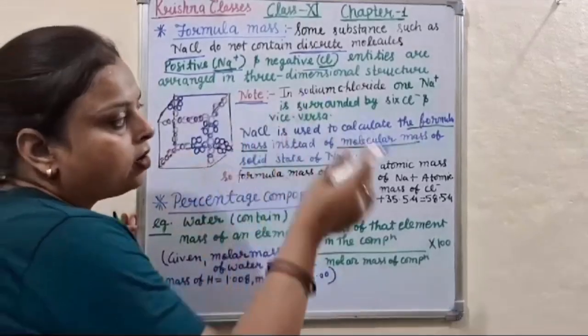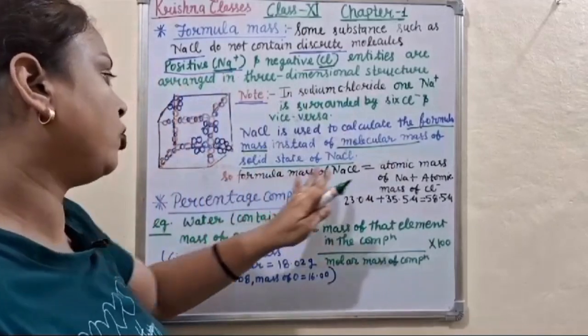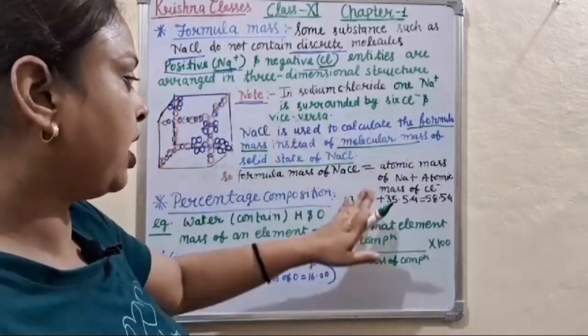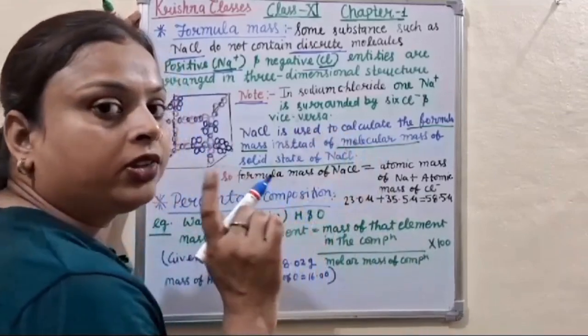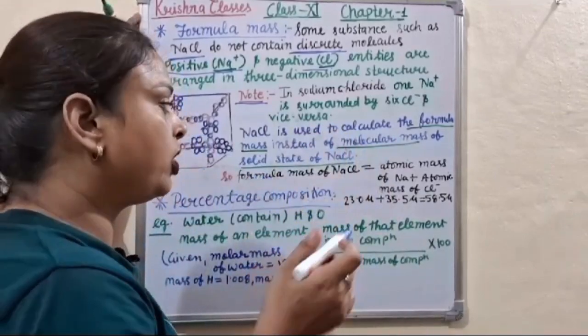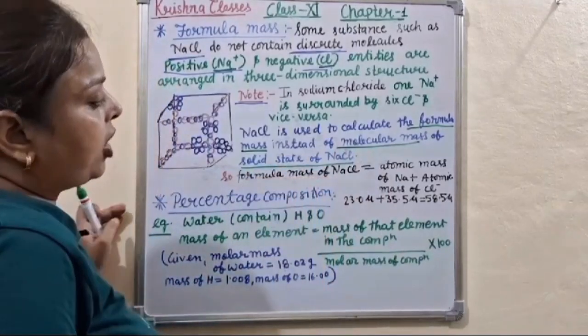That's why they form a structure, so we find the formula mass of NaCl instead of the molecular mass. For the knowledge of molecular mass, you can watch my previous video, because all topics of masses are available there.